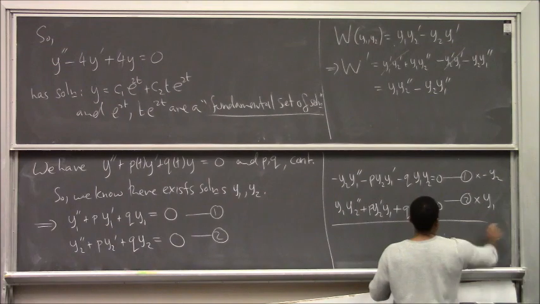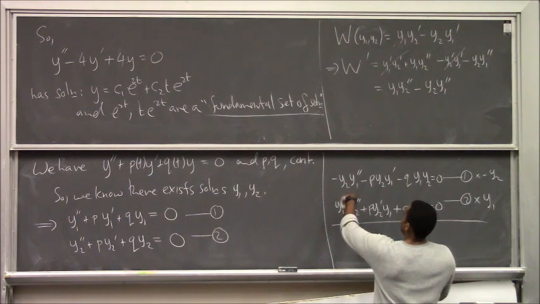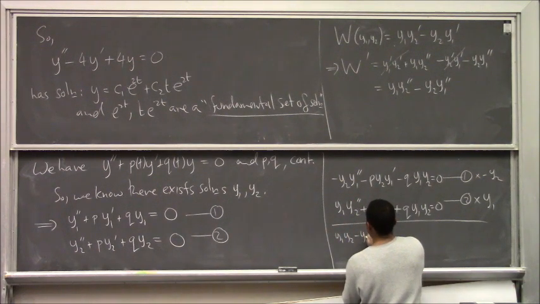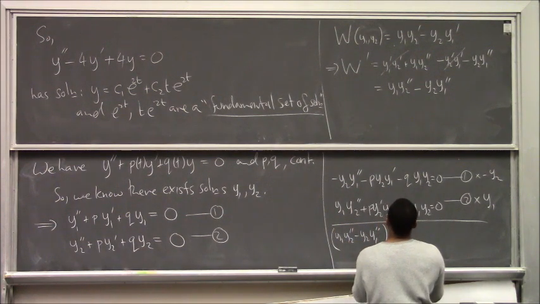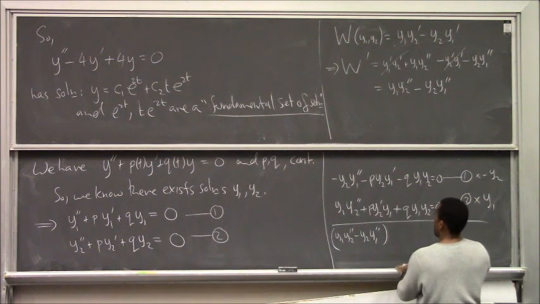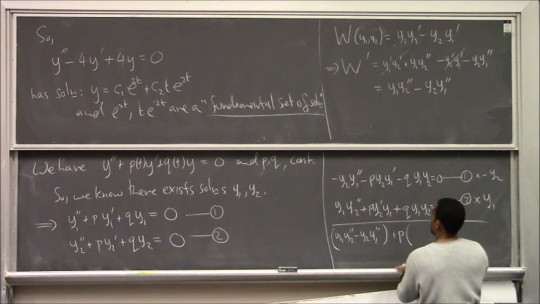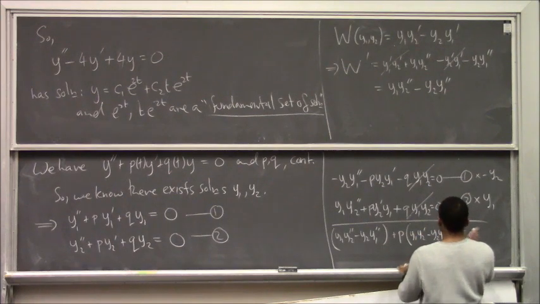Let's add these. Add these two, what do I get? Well, I get y1 y2 double prime minus y2 y1 double prime. Here I would get plus p of y1 y2 prime minus y2 y1 prime. These guys would just die. Equals 0.